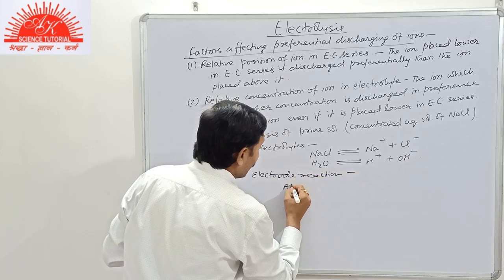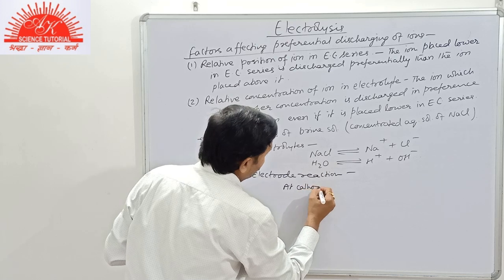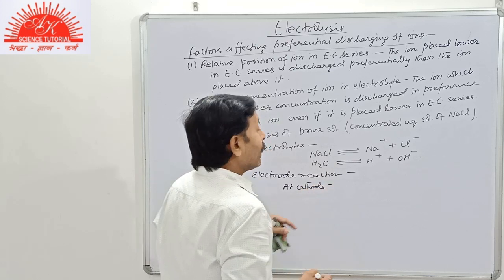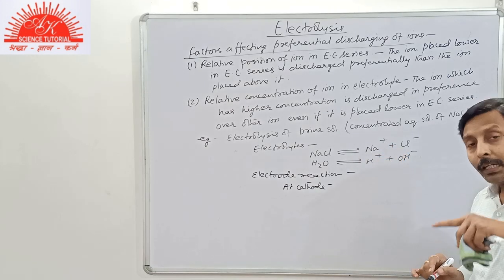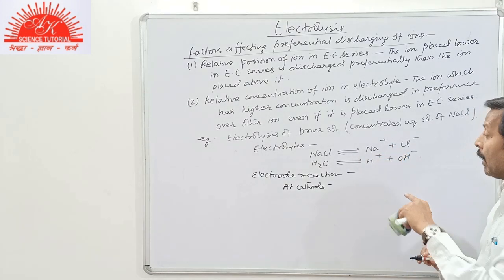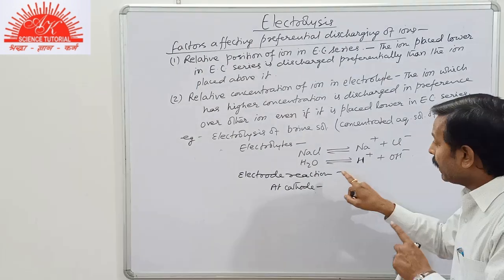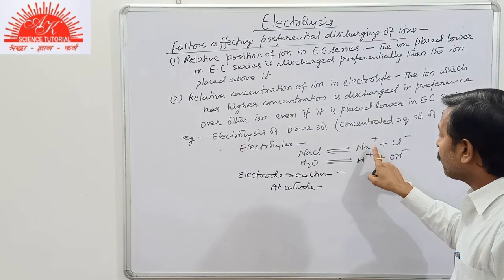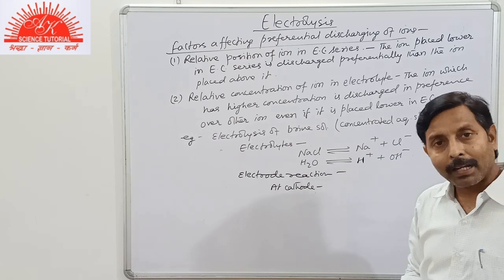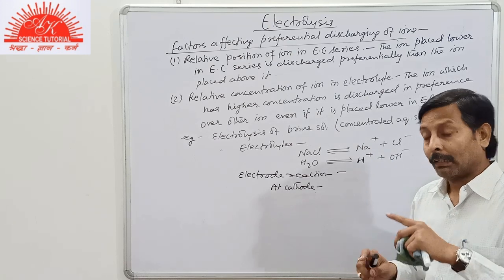At the cathode, according to the concept, these two ions, Na plus and H plus, both will migrate towards the cathode.